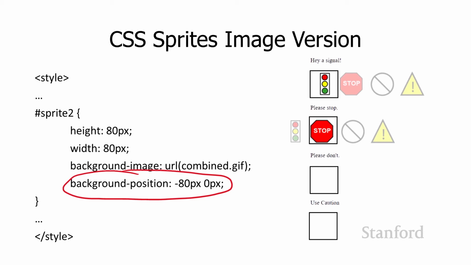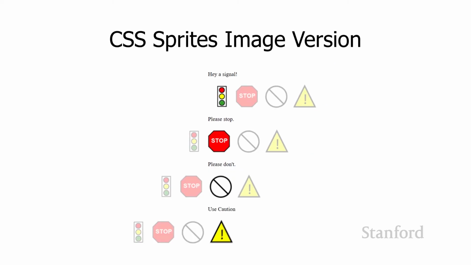Instead, the stop sign is showing behind it. Again, everything's going to get cut off except for what's actually behind the div. So I'm showing that full GIF there with the traffic light and the stop and the cancel and the caution, but really, the only thing that's actually going to appear on the web page is the part directly behind this div, which is the stop sign. And then, of course, I just do the same thing for the other 4 images.